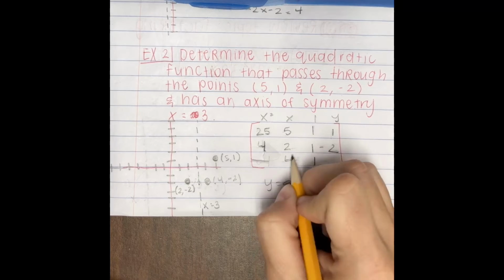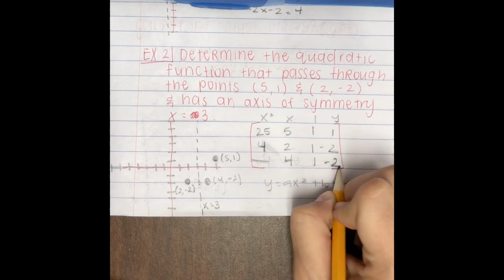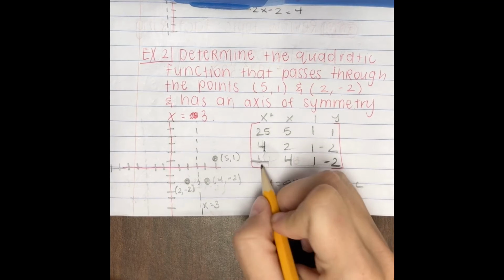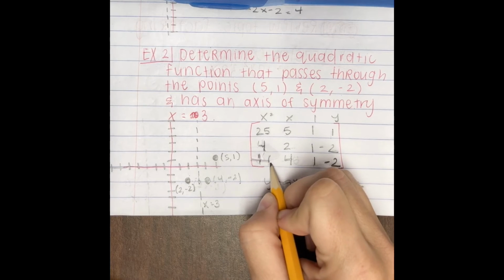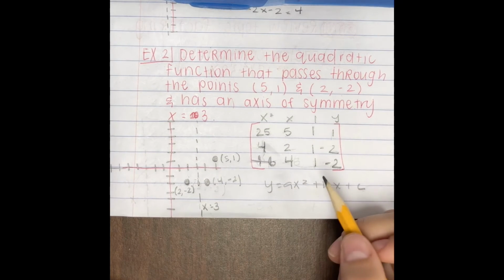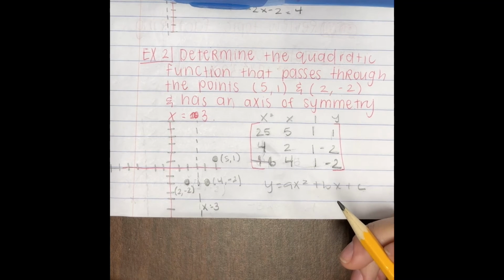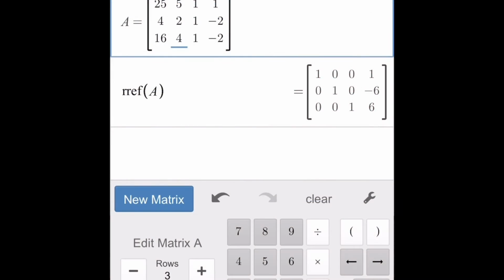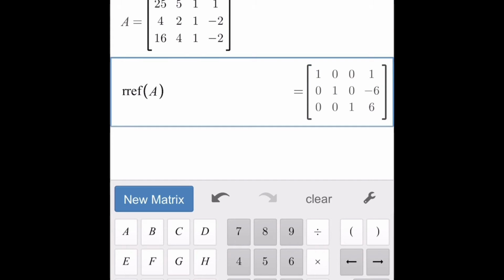Okay, so we have 4 as our x, -2 for our y, and then 4 squared would give us 16. Kind of ripped the paper earlier. Okay, so 16, and now let's put that in our matrix and see what we get. All right, so I went ahead and put in our numbers into the matrix. I did the RREF for matrix A, and then you can see on the right we get these answers, 1, -6, and 6.